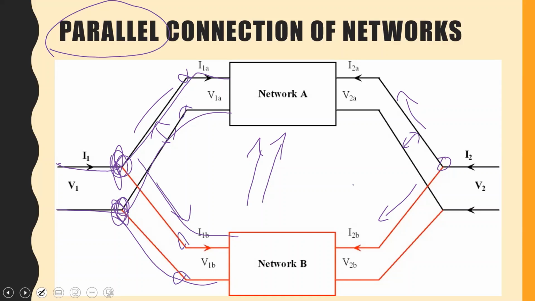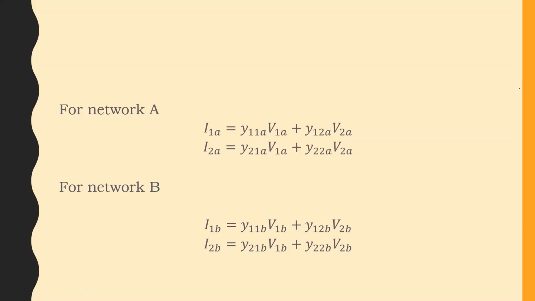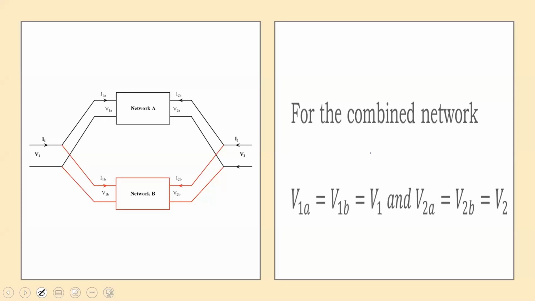All right. So with that said, if we just write our equations for network A and the equations for network B, all right, so these are our two sets of equations for networks A and B. So based on what we just said, in terms of them being in parallel, I1 is equal to I1A plus I1B.